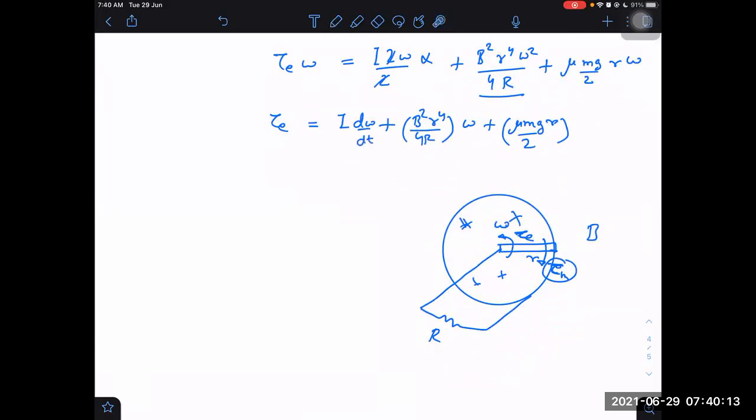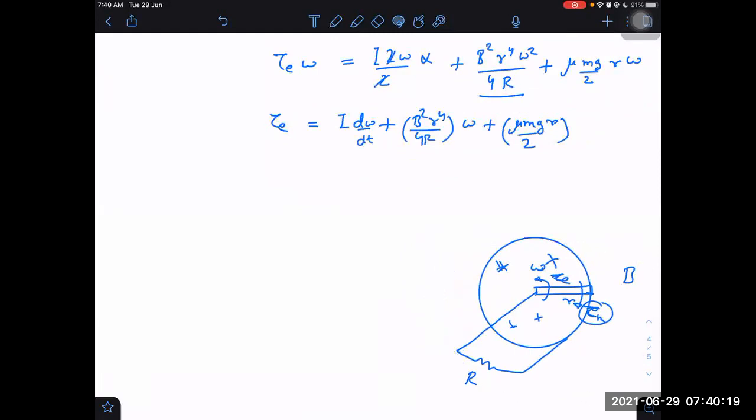Now you can see that this is not that tough to integrate. It is simple integration at last. What integration are we getting now? We are getting B squared r squared over 4 upon 4r into omega plus mu mg r by 2. And this I will take to the other side.